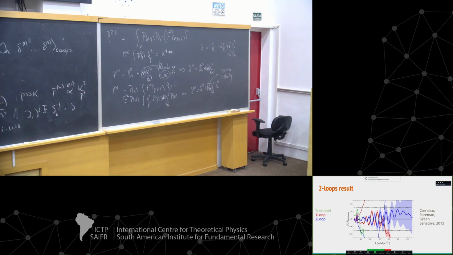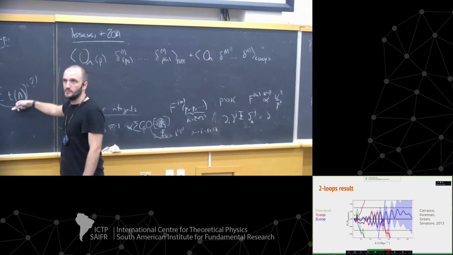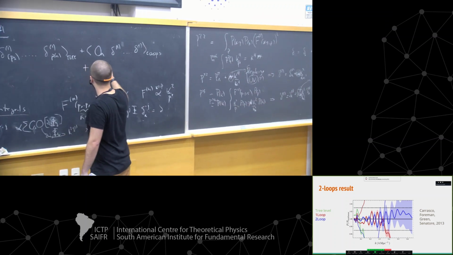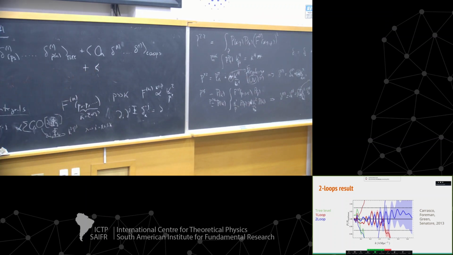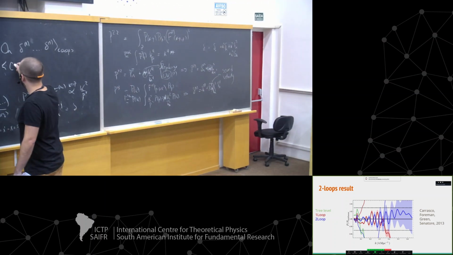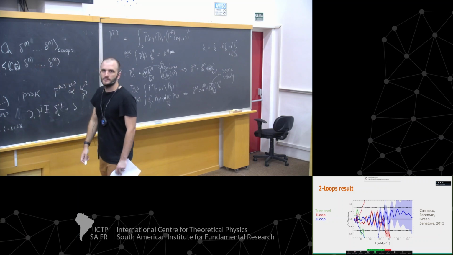And of course, as I said, my operator also comes with some extra counter terms. So I also have the cross correlation. If I take this plus this, it's going to be something like counter terms, which I'm going to call generically CT of lambda. Okay?